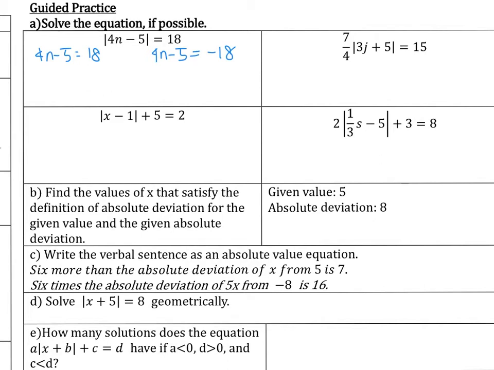Add 5 to both sides. So we get 23. N will be 23 over 4. For the other one, 4n equals negative 13. N equals negative 13 over 4. So you have two answers.